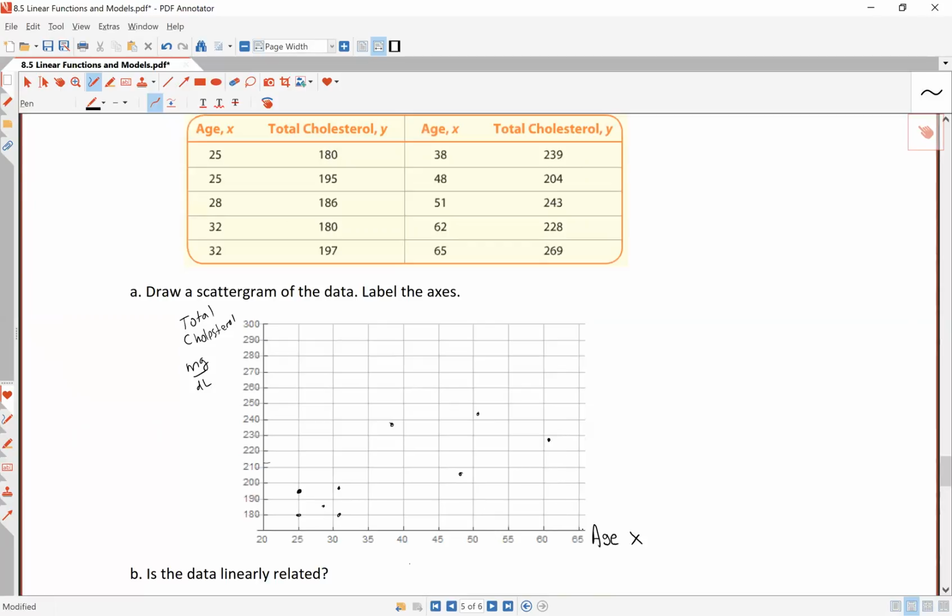A 65-year-old was found to have a cholesterol level of 269. And so there's the scattergram of the data. Is the data linearly related?